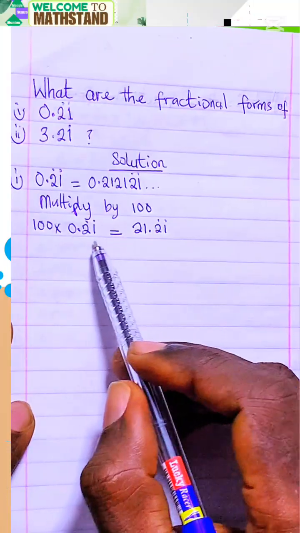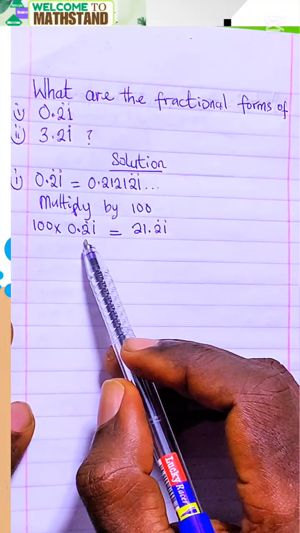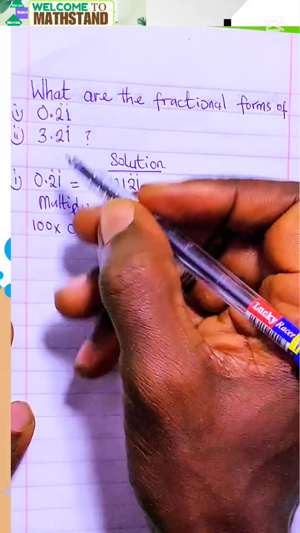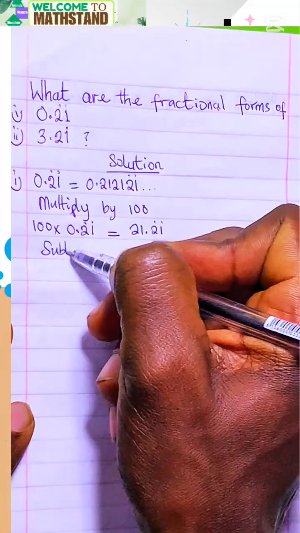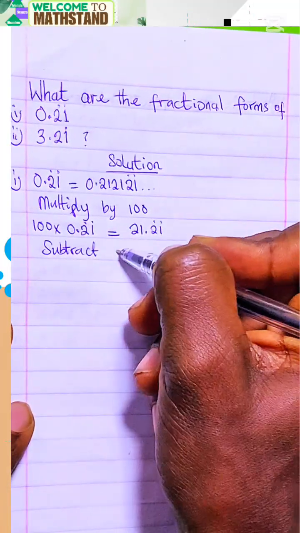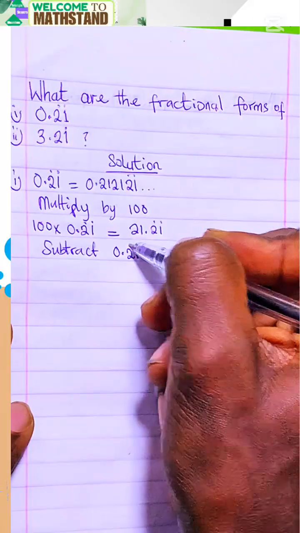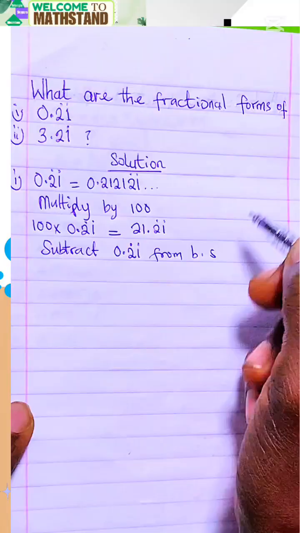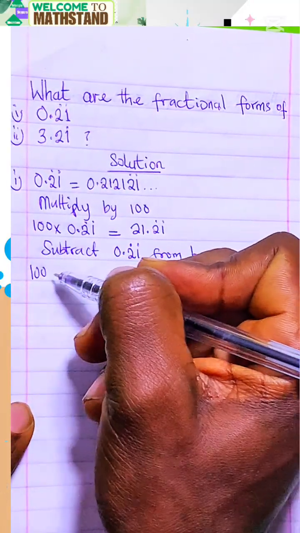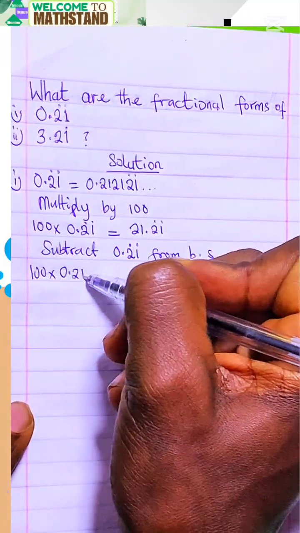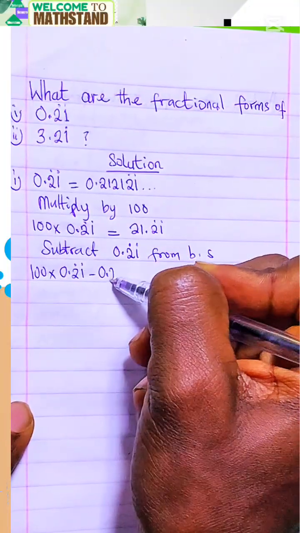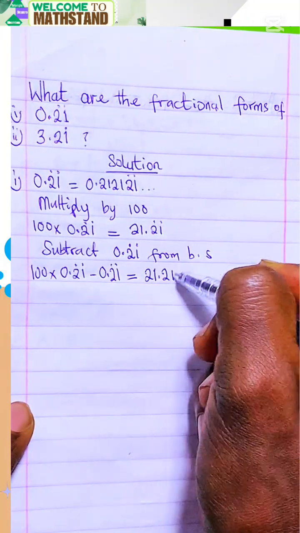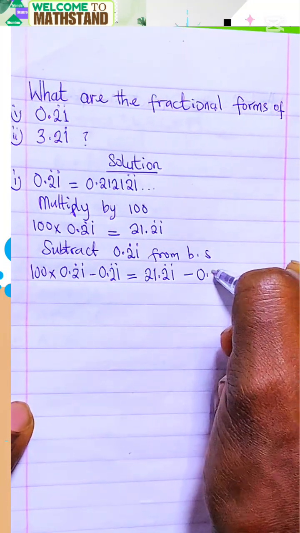Now the next thing that we need to do here is to subtract 0.21 with the dots from both sides. So from there we have 100 times 0.21 minus 0.21 equal to, on this side of the equation we have 21.21 minus 0.21.